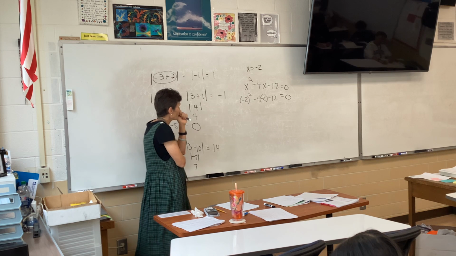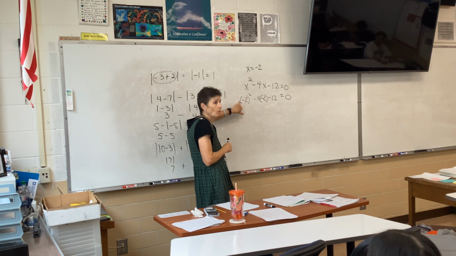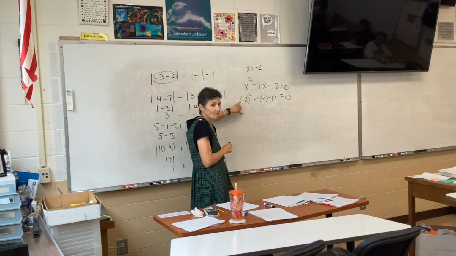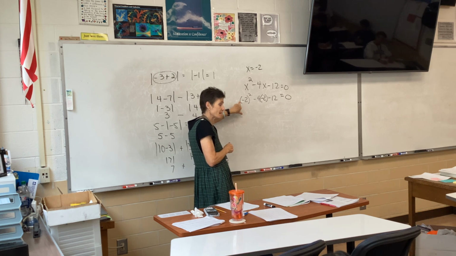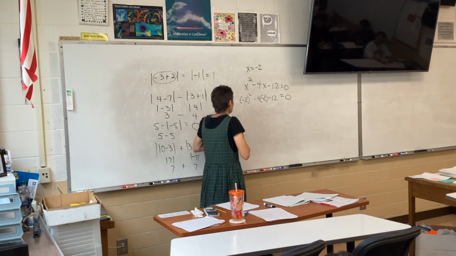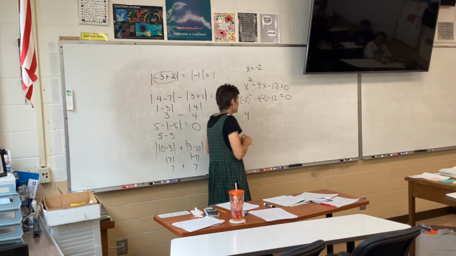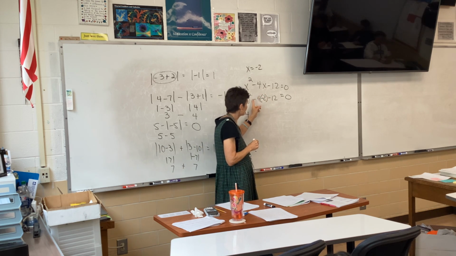All right, let's see if that works. What's the square? 4. Positive 4. -2 times -2, so that's positive 4. Watch it, what does this equal? Positive 8.